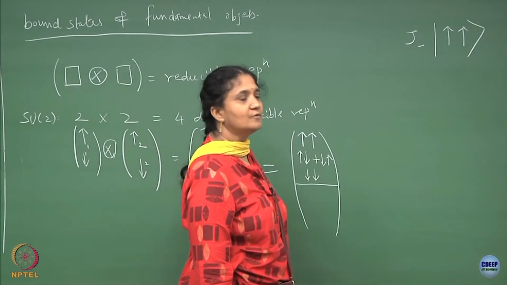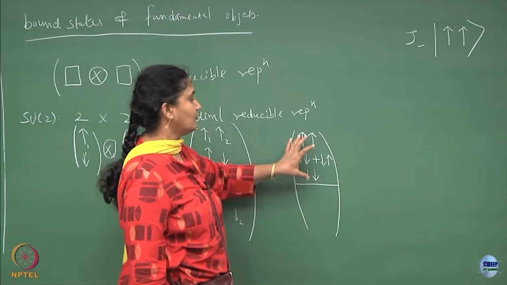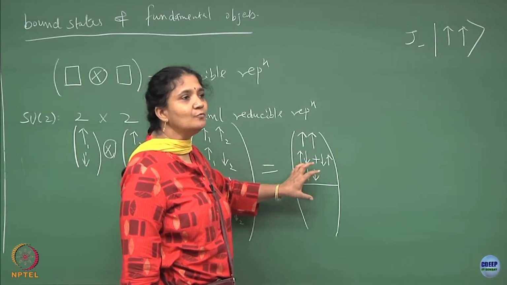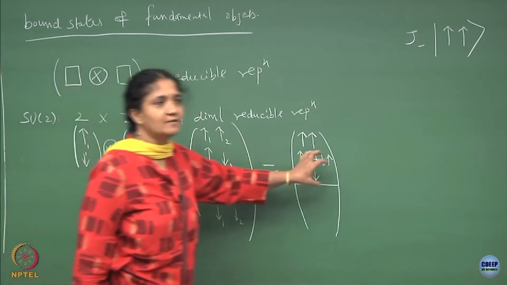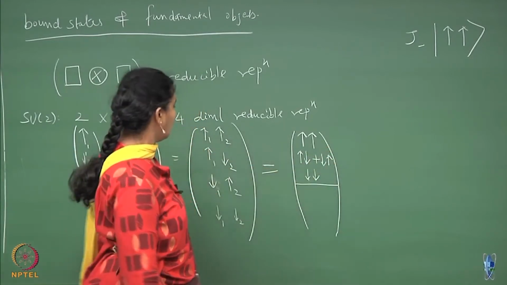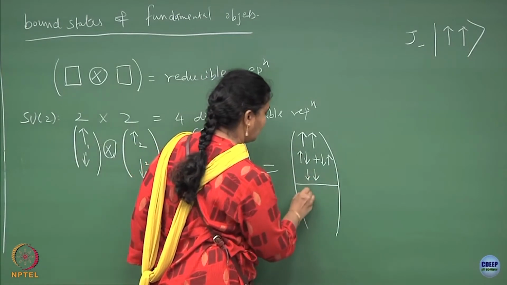Okay. So, this is the meaning of saying that you will get from one to the other by the generators of SU2 on some linear combination subset.